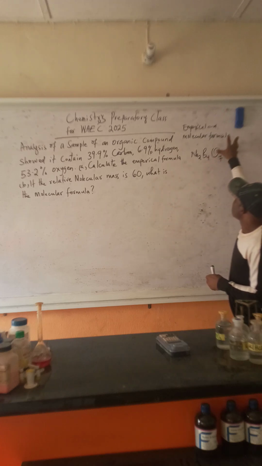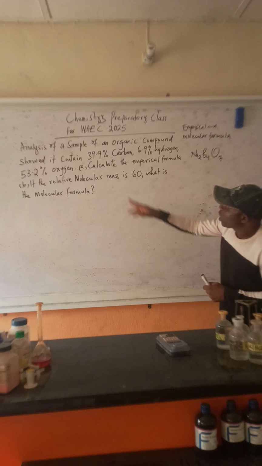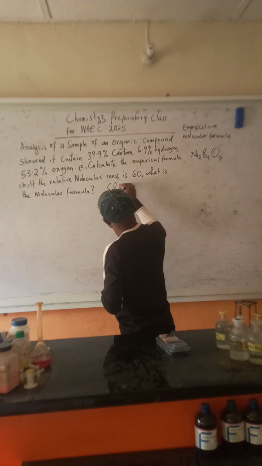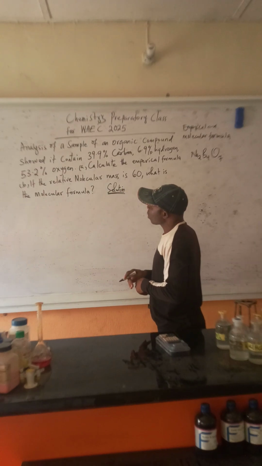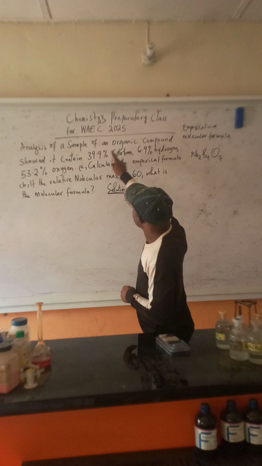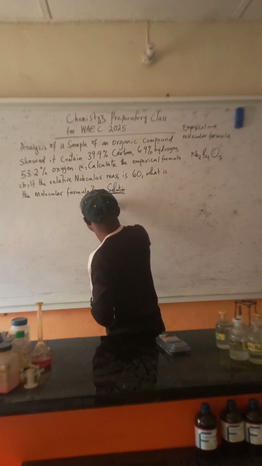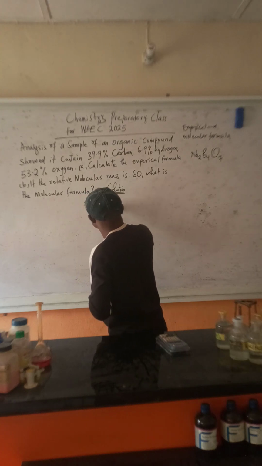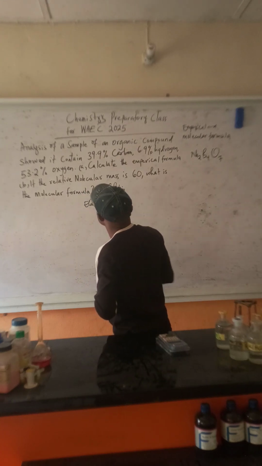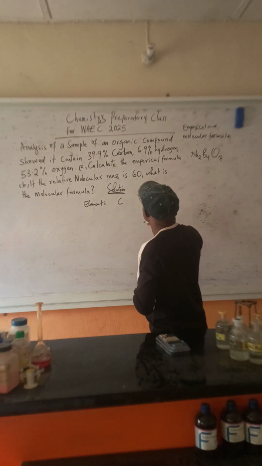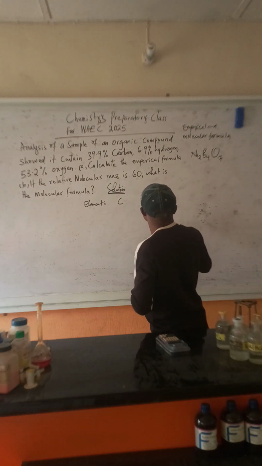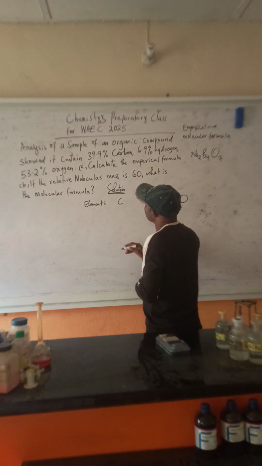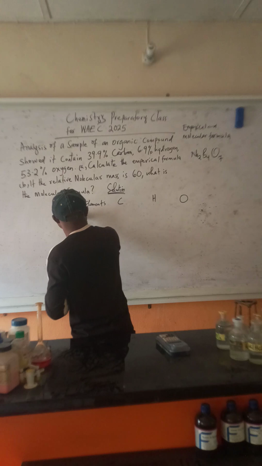Okay, now the knowledge of this, we are going to use to apply. Now, solution to this problem. We have a sample that contains the elements: carbon, let's use C, then hydrogen, H, and oxygen, O. Now their percentage composition.